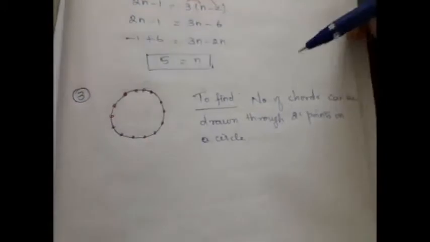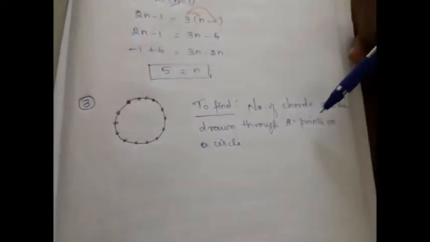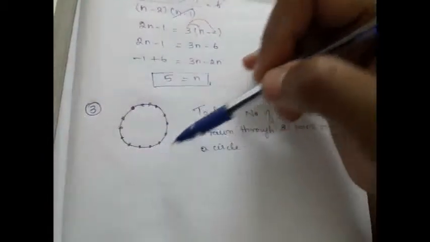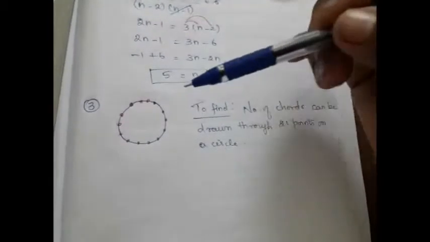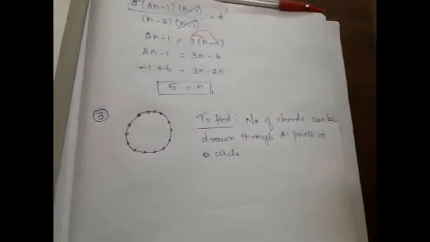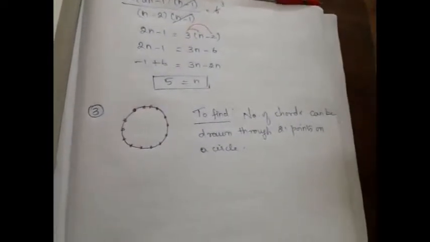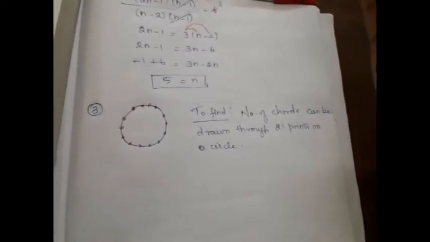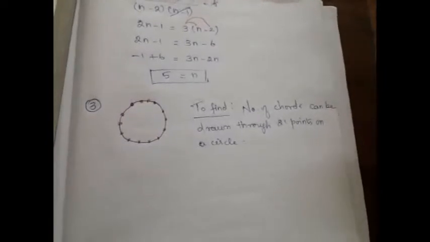Now our third question is: find the number of chords that can be drawn through 21 points on a circle. So there is a circle and we have 21 points on the circle. We need to find how many chords can be drawn. What is meant by a chord? A chord is a line segment passing through 2 points on a circle, right?